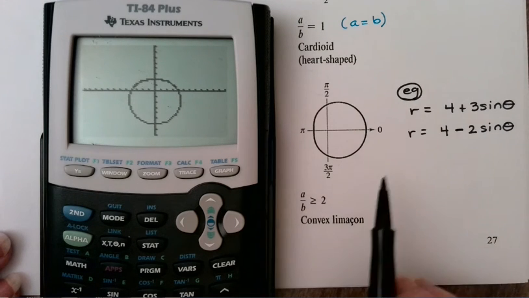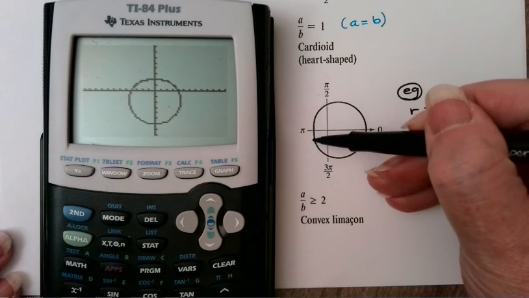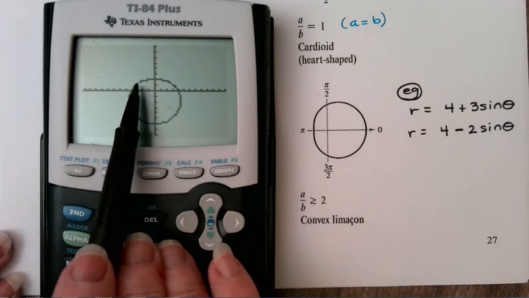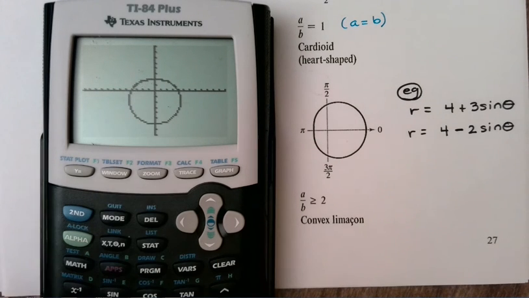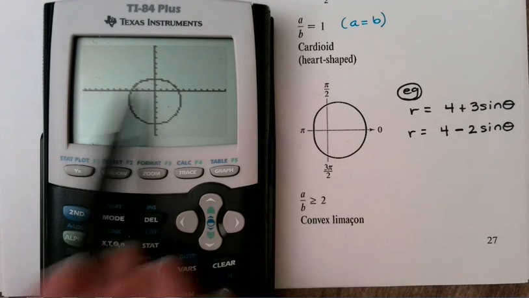And there we go. Notice instead of the flattened side being vertical, on mine the flattened side is horizontal. That's the change again from cosine to sine. But it is this convex limaçon, that has a flattened side.